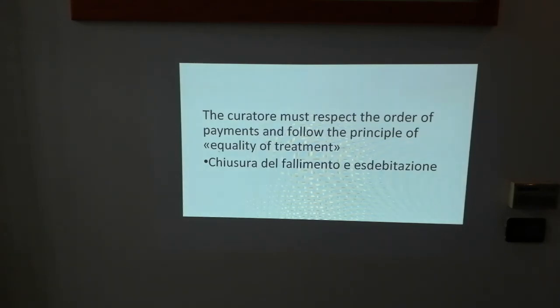So then finally you have the chiusura del fallimento e esdebitazione. This is the phase where the bankruptcy is closed, and the esdebitazione is actually when all the debts get written off.